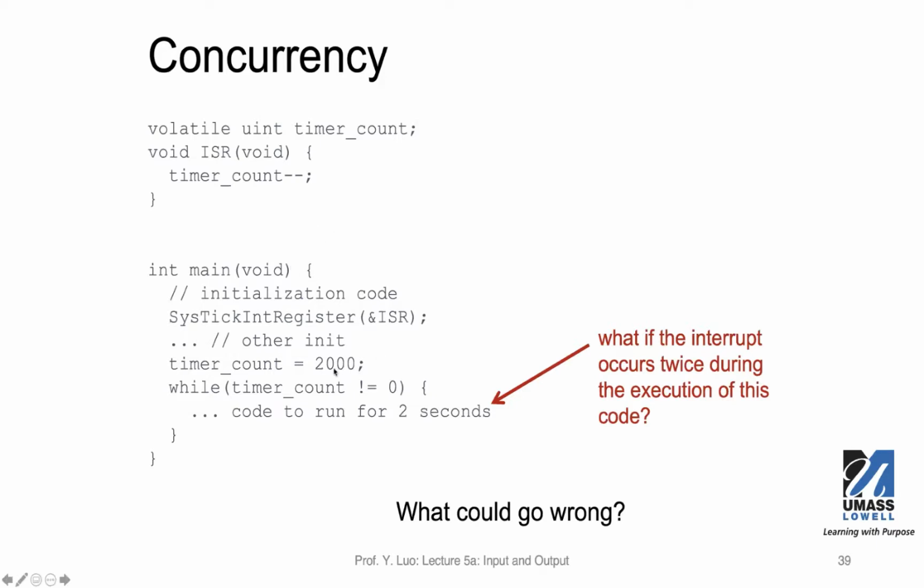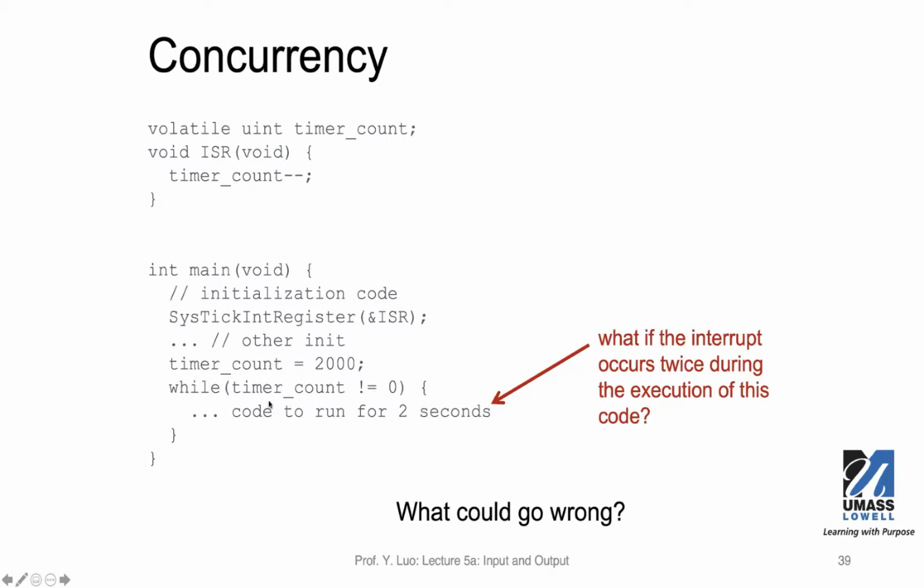So let's say when you execute this while loop, your timer count is 1. When you check this condition, it's not equal to 0.